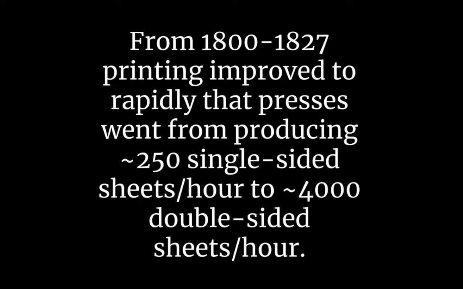By 1827, we have metal presses that are steam-powered, we're rolling on ink, and we have taken what we could do before, 250 sheets an hour, and multiplied it by 4 times 4, 16, times 2. We've increased our output by 32 times, which is crazy to think about in the span of just 27 years.